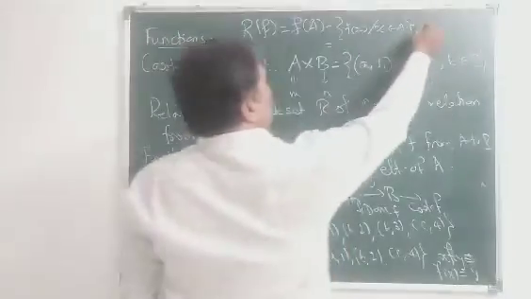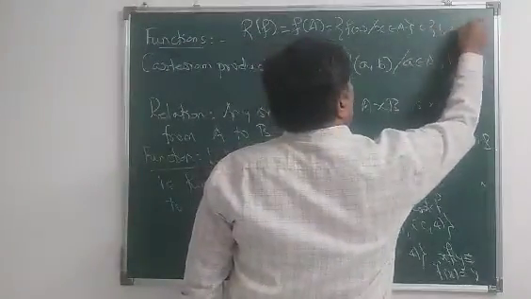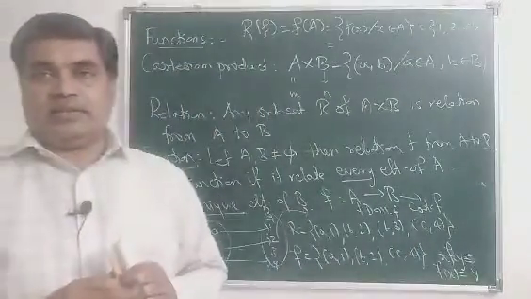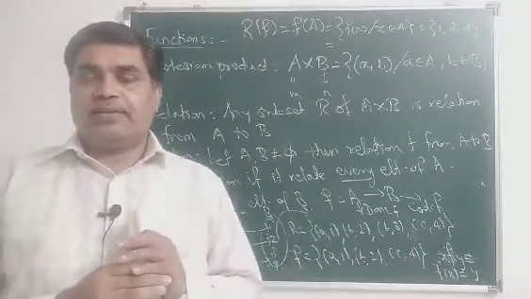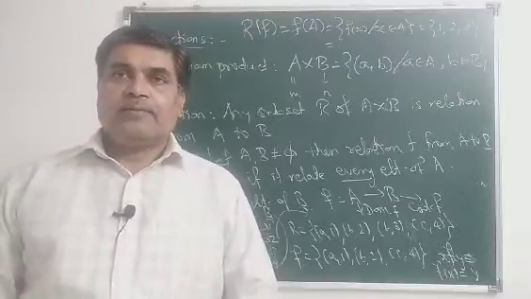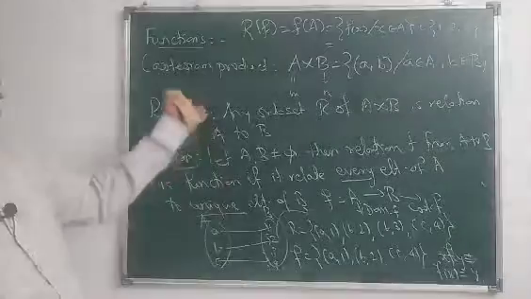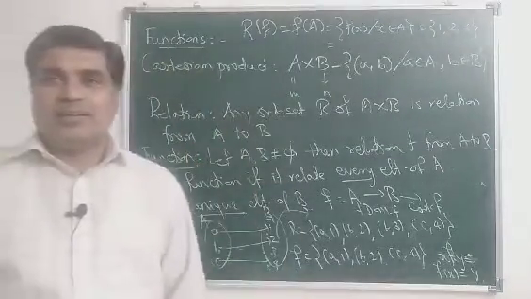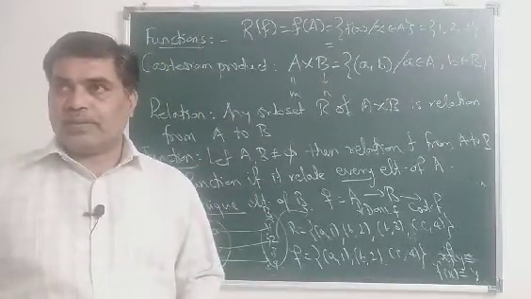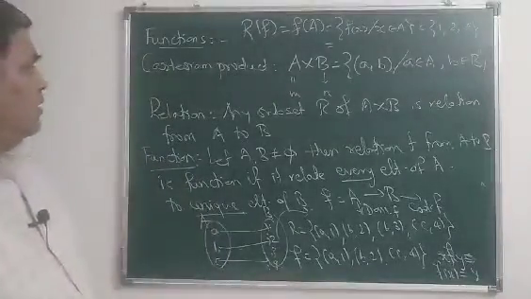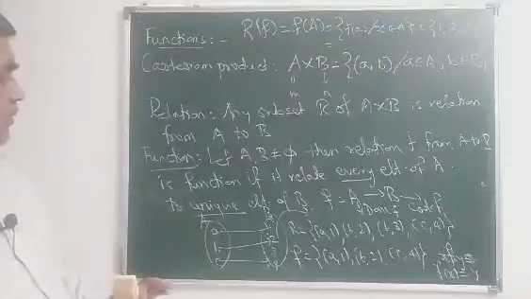That will be here 1, 2, 4. The set of images from the codomain set is nothing but the range set of f, which is denoted by f of A, or R of f, or you can just write range f. This is about the function concept.